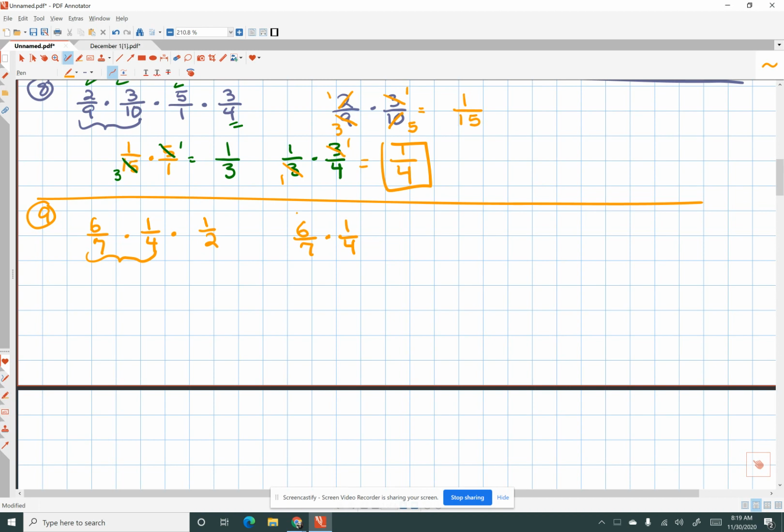And I'll divide those both by 2, the 6 and the 4. 4 divided by 2 is 2. 6 divided by 2 is 3. And so far I have an answer of 3/14. Now I'm going to take that 3/14 and multiply it by 1/2. And that will give me, I cannot simplify, 3 times 1 is 3, 14 times 2 is 28. Final answer of 3/28.